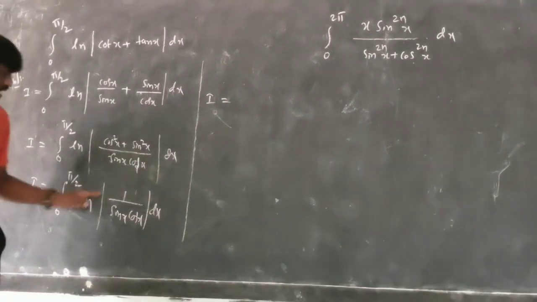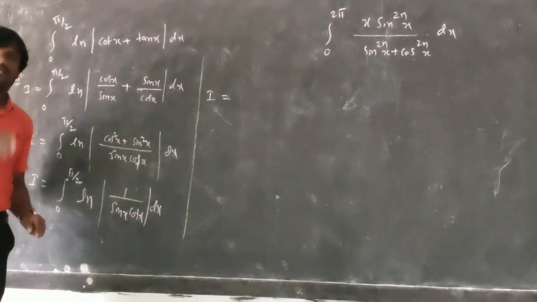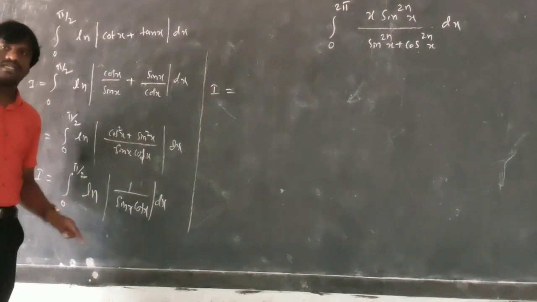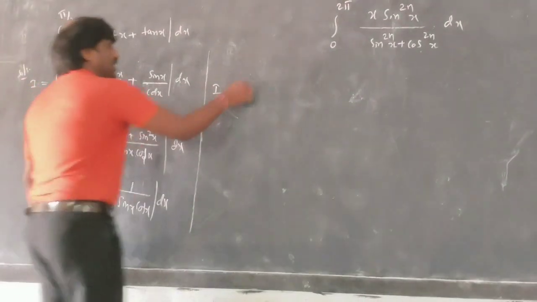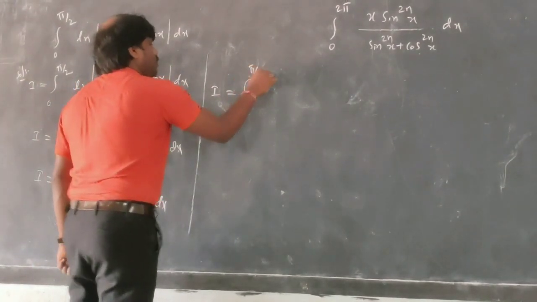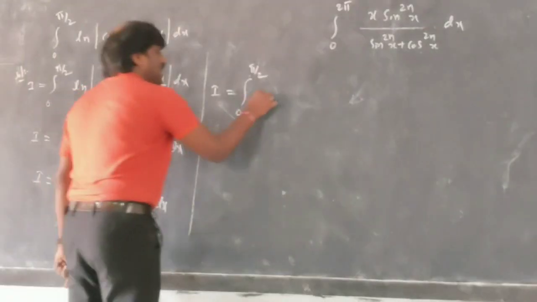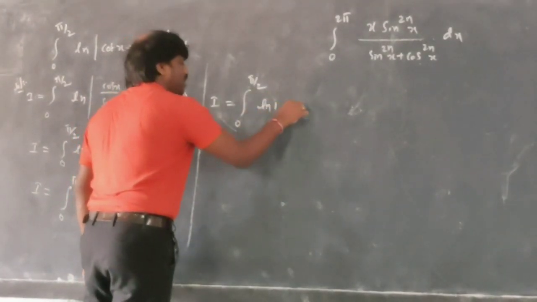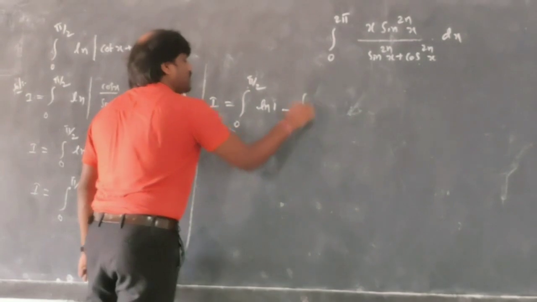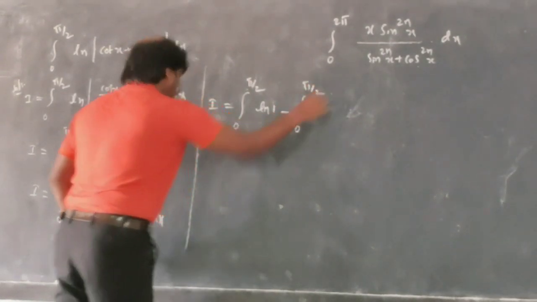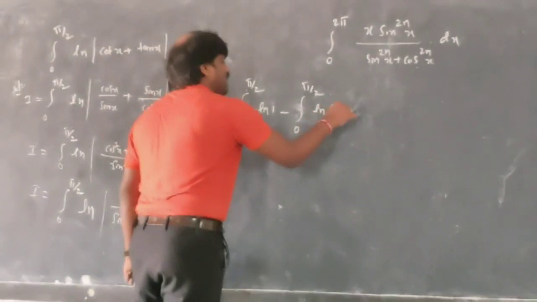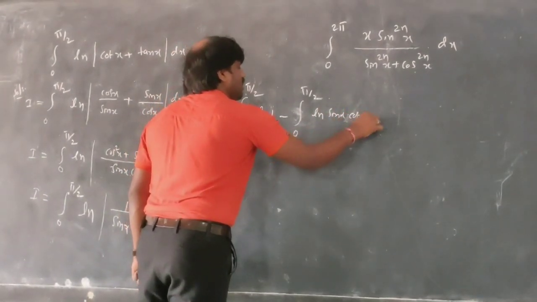See here, the ln a by b formula: ln a minus ln b. This can be written as integration 0 to pi by 2 ln 1 minus integral 0 to pi by 2 ln of sin x into cos x dx. I am separating this.